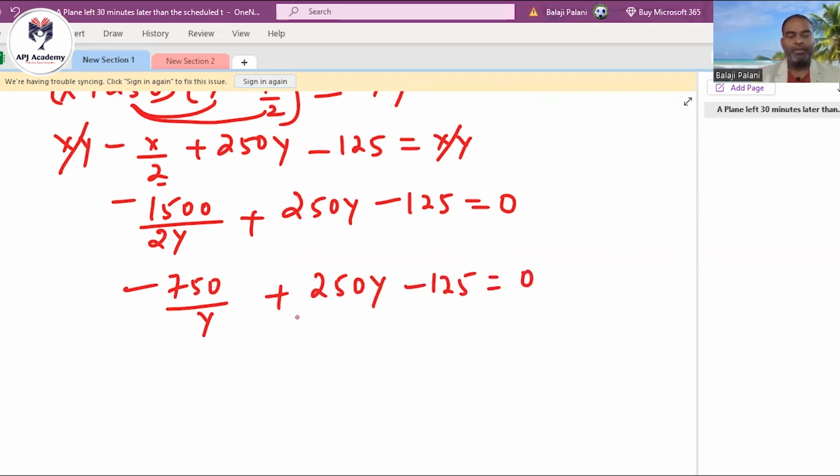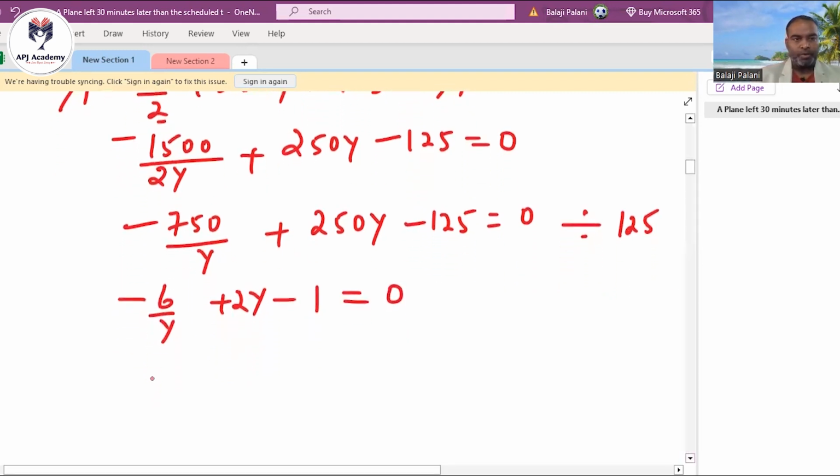இப்போ LCM எடுத்தீங்கன்னா you will have y square here, and அதுக்கு முன்னாடி we can divide the entire equation by 125. Or உங்களுக்கு கஷ்டமா இருந்துச்சுன்னா you can start with 25 or divide by 5, but நிறைய steps எடுத்துக்காதீங்க. So I'm going to divide throughout by 125. Okay, so this will be minus 6 by y plus 250y by 125 is 2y minus 125 by 125 is 1, which is equal to 0.